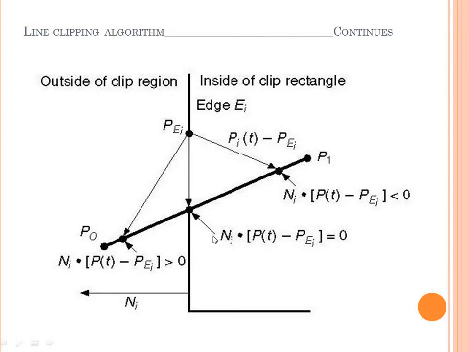Then here is the point C, where theta is greater than 90 degrees, because you see that this distance vector and this normal are opposite to each other. So this is the negative angle.